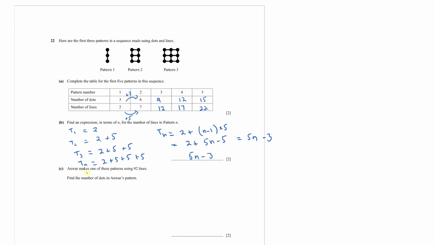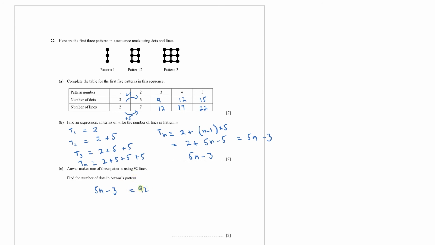Part C: Anwar makes one of these patterns using 92 lines. Find the number of dots in Anwar's pattern. So first we need to find the pattern number. We can use this expression here. And we know there are 92 lines.